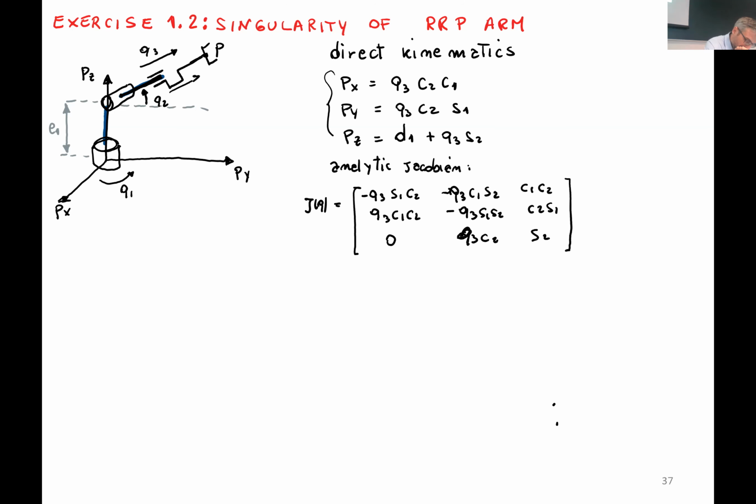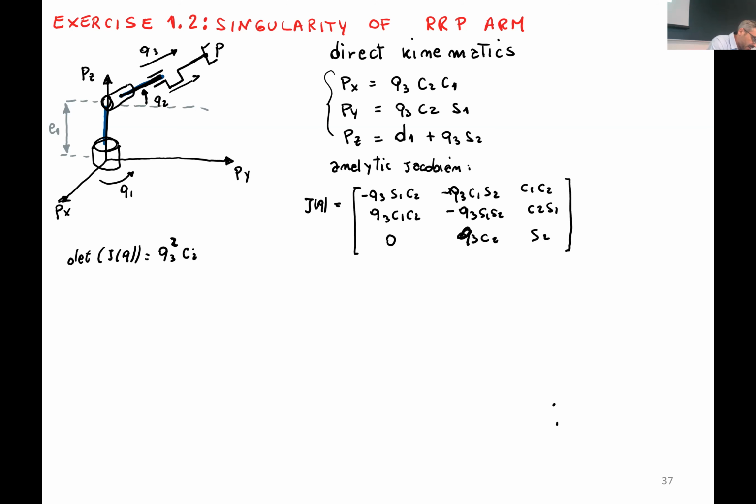Now, if we compute the determinant of this, we will see in MATLAB that we get this expression: q3 squared cosine of q2.